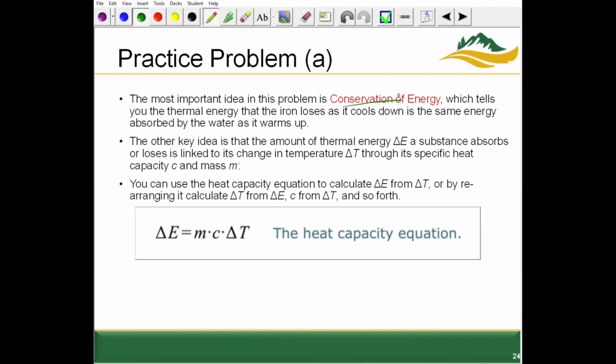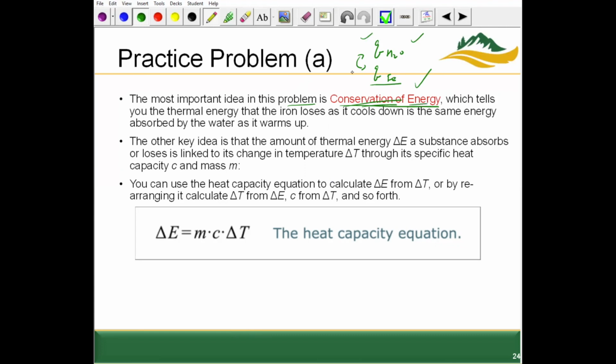So one idea we've seen in part 1, the most important idea in this problem here, is conservation of energy. We've essentially been dealing with this throughout this part in chapter 6, where no energy can be created nor destroyed. Whatever happens to the water, the opposite is going to happen to the other material, in this case, the iron. If iron loses heat, water has to gain that heat or that energy.